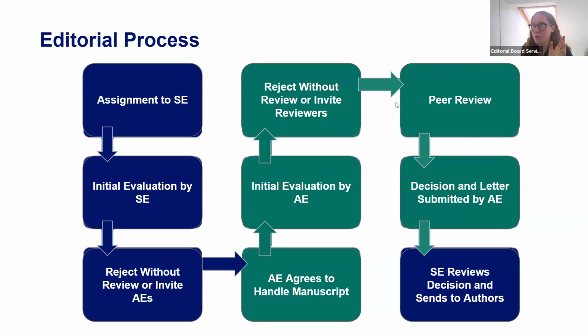The peer review process would proceed as standard, inviting peer reviewers, receiving their comments, distilling their feedback into a decision letter, which you would then submit to a section editor to send off to the authors. It's a fairly standard process, but hopefully for all you visual folks out there, this is very helpful.